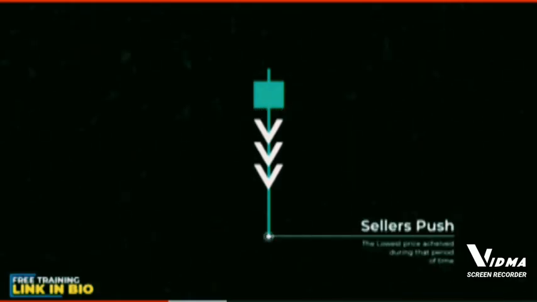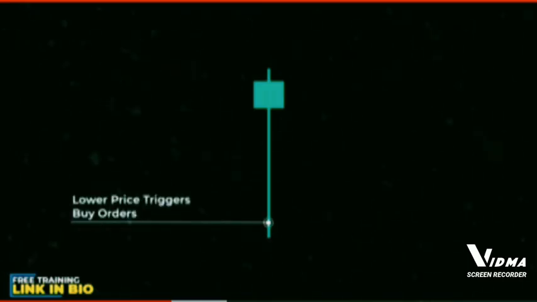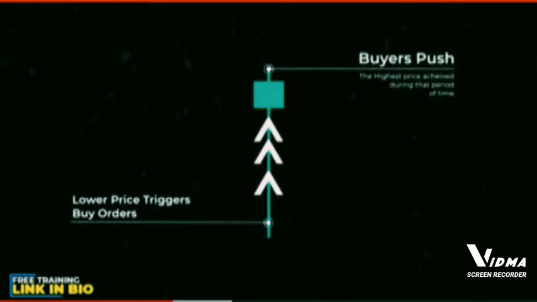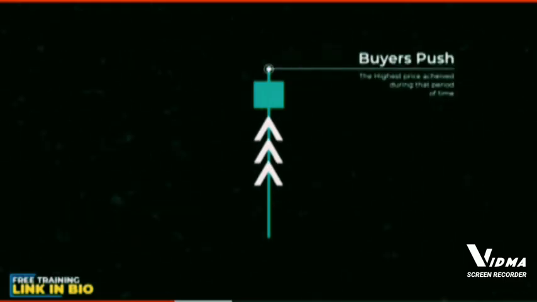A bullish pin bar shows that the price opened around this area, and instantly the sellers tried to take the prices down. They were able to push the prices down, but at some point, the lower prices triggered buy orders from the buyers. The buyers were significantly stronger than the sellers as they pushed the price beyond the open.